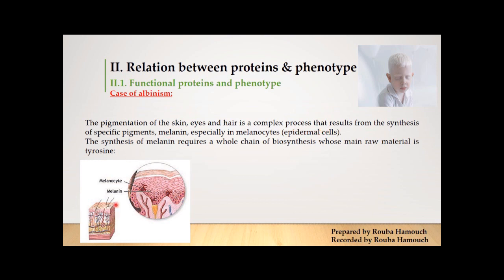So here we have a cut of the skin. You have the skin cells called melanocytes, and these melanocytes will produce melanin. Melanin is a pigment responsible for the pigmentation of our skin, our eyes, and our hair.